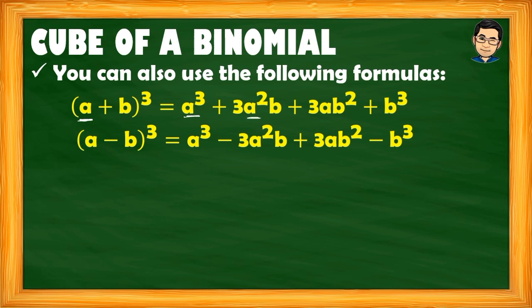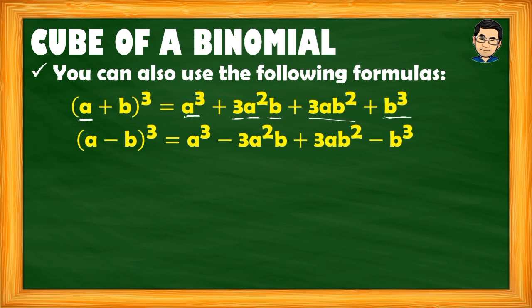And then times the last term, b, kaya a squared b. And then thrice the product, kaya naging 3a squared b. Ang kabaligtaran ng 3a squared b is 3ab squared, wherein yung in-square naman natin dito sa third term is yung last term, kaya naging b squared. So 3ab squared.